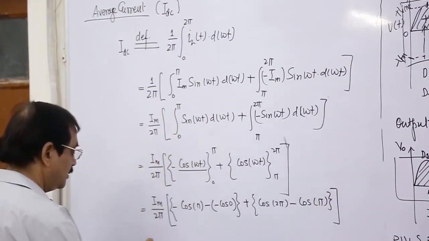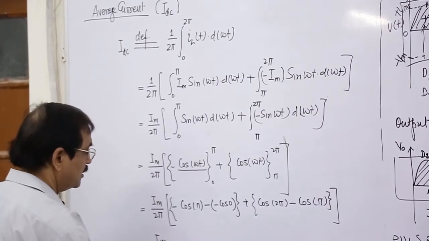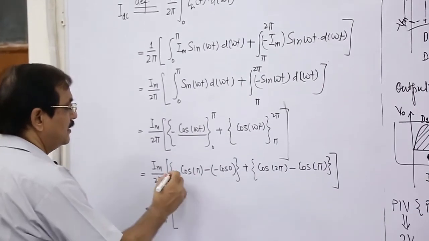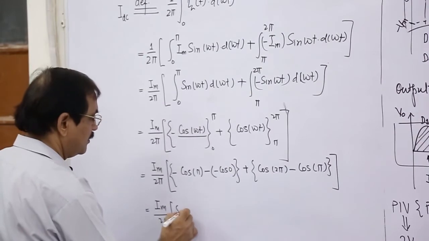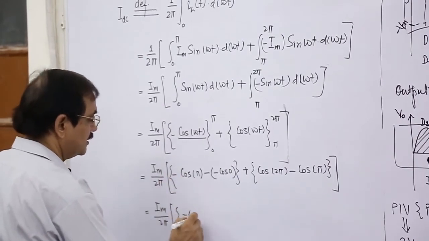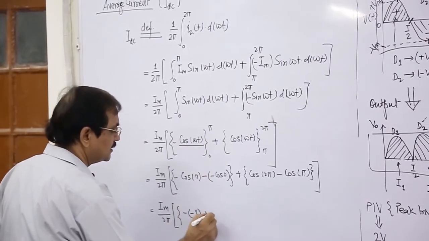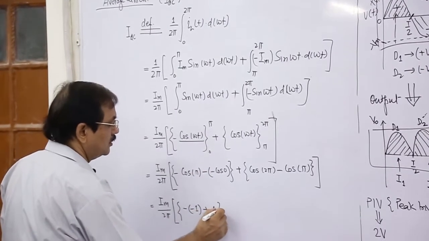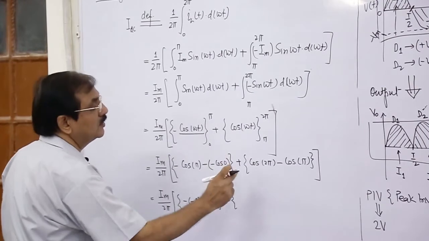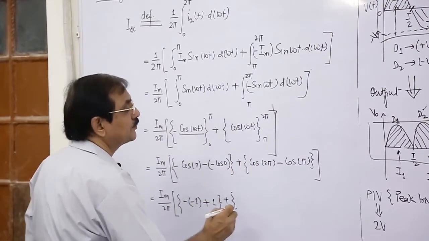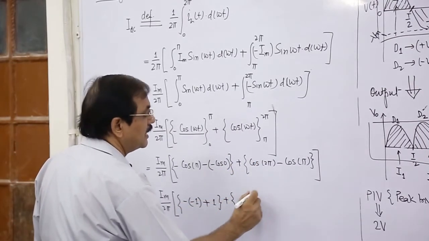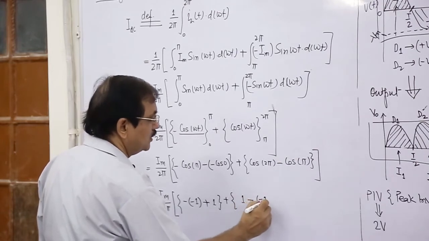Minus and minus gives plus, so this is 1, and here cos 2 pi is 1 minus cos pi, which is minus 1.